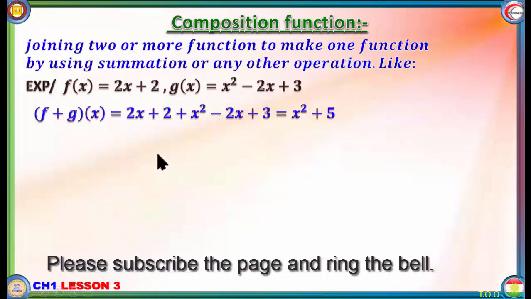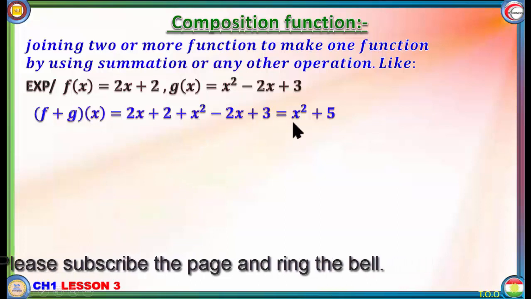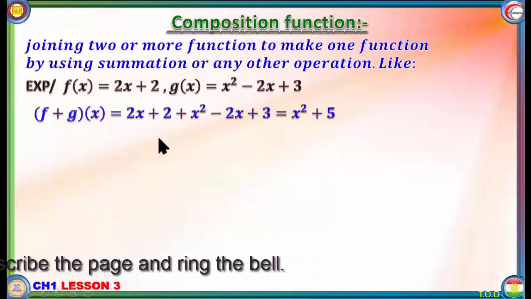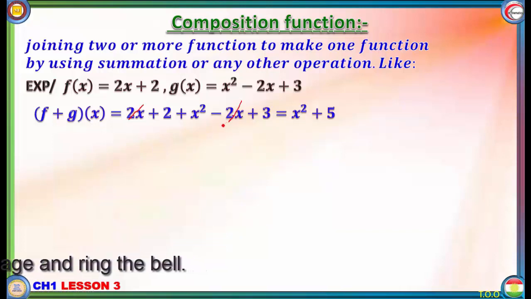And now write x squared first, then cancelling 2x with minus 2x and finding the summation of 2 plus 3 is 5. Therefore, (f plus g)(x) is equal to x squared plus 5, which is a new function.